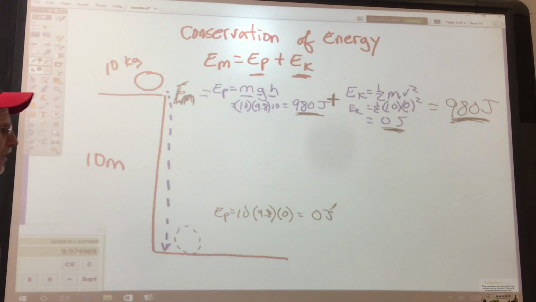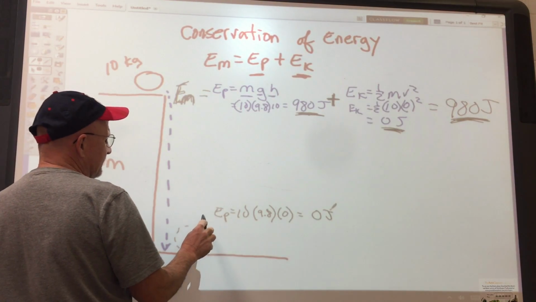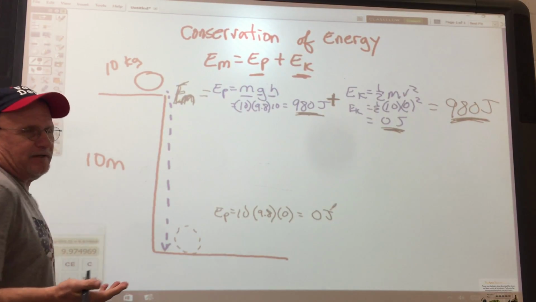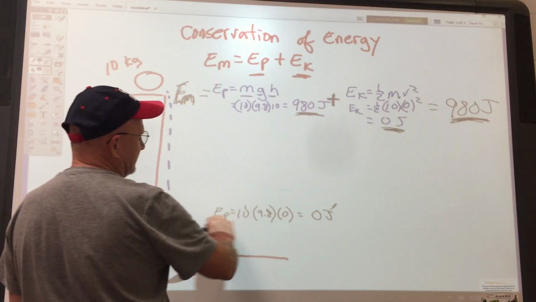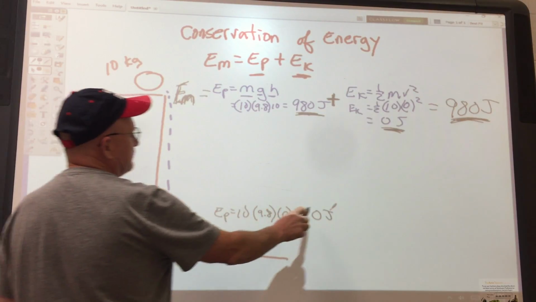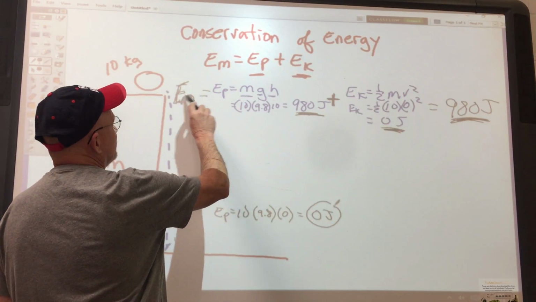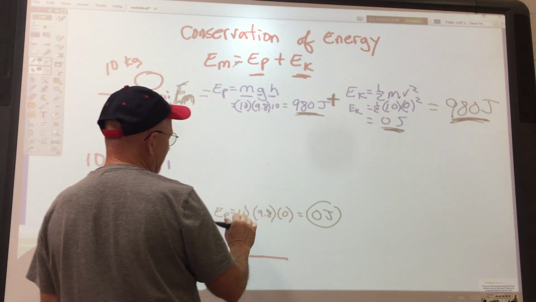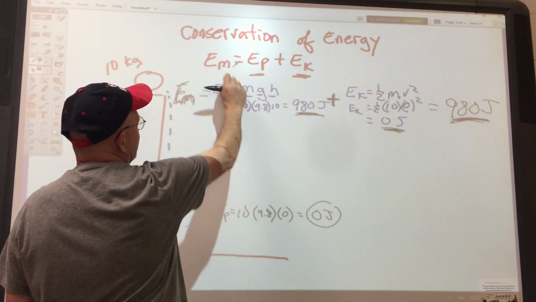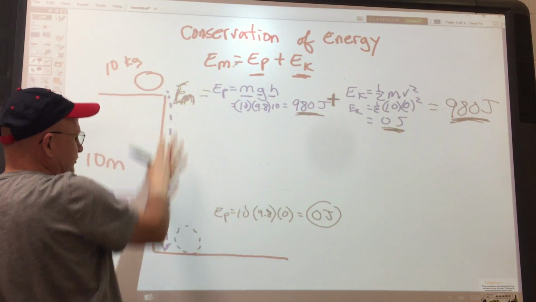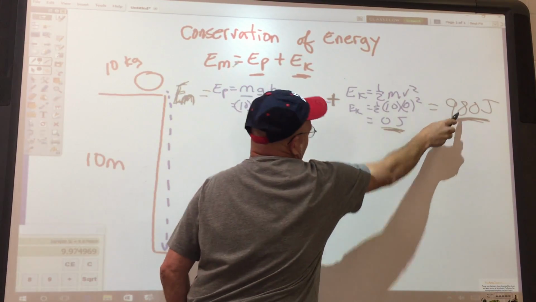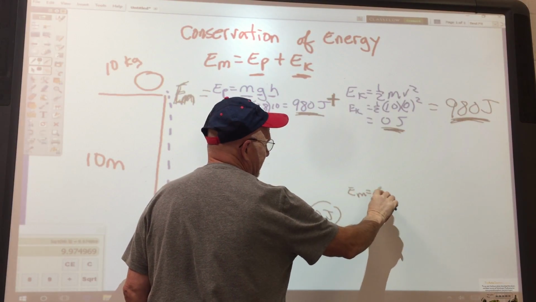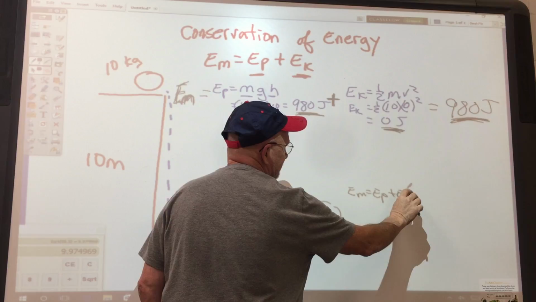At this point, I can figure out what the kinetic energy is. It kind of makes sense to me, but I can figure it out if I plug this information back into this formula right here. Let's take this potential energy and plug it in, because I know the mechanical energy in this system is 980. EM equals EP plus EK.